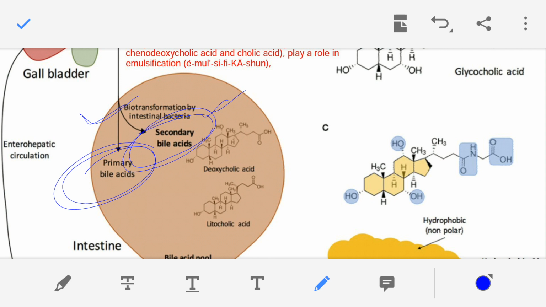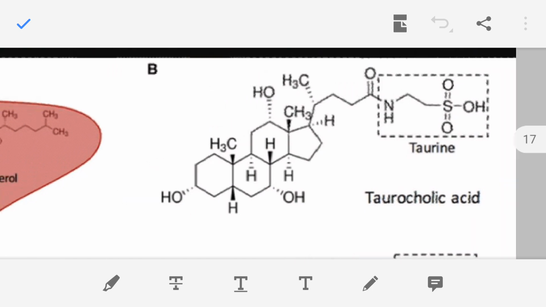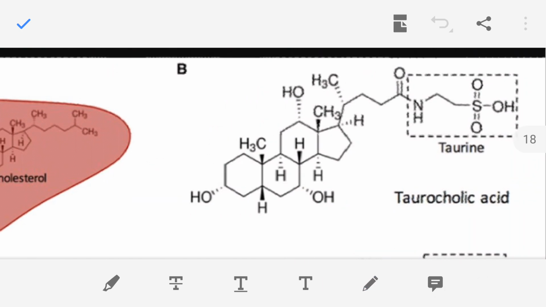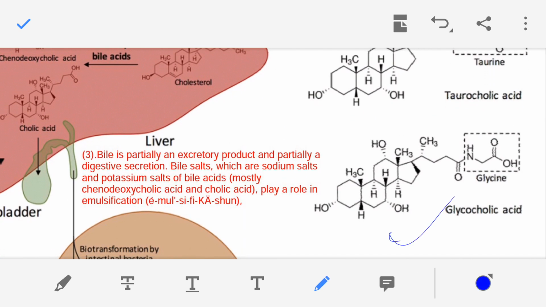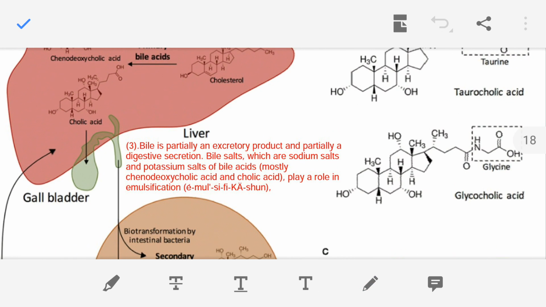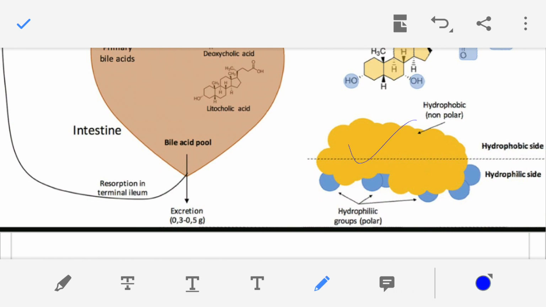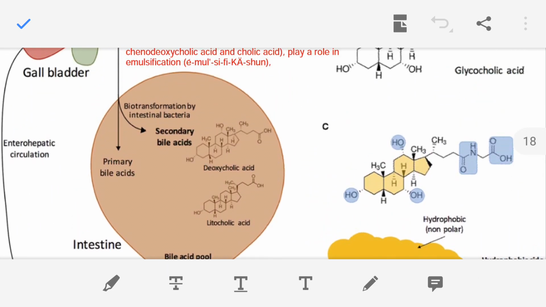The secondary bile acids are deoxycholic acid and the lithocholic acid. Now here, the structure of the taurocholic acid. These are all various bile acids. Glycocholic acid. Then this is the bile salt that is shown.